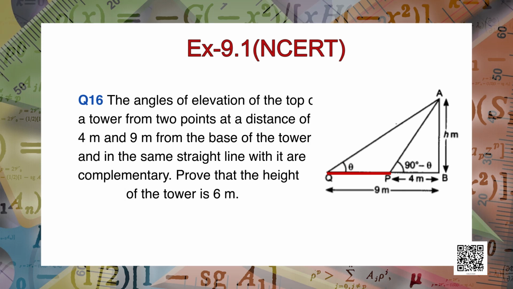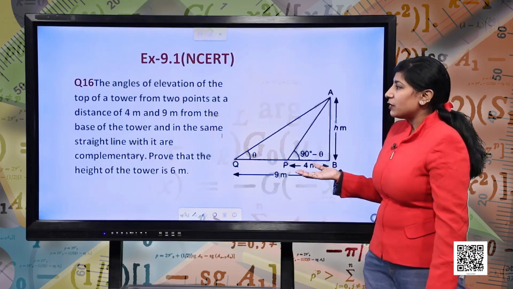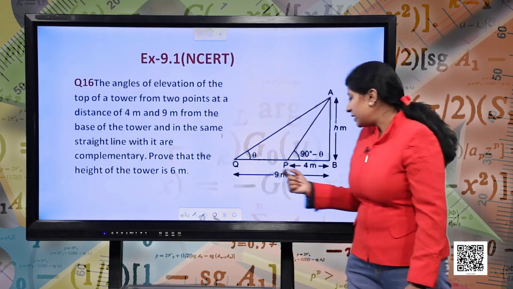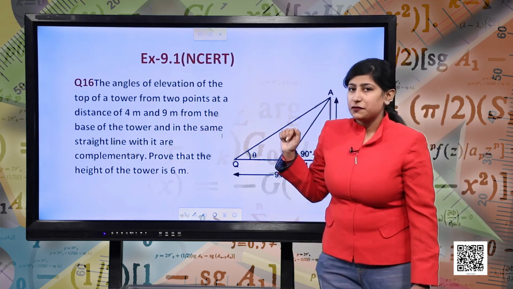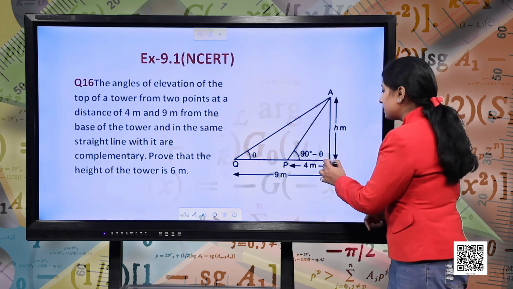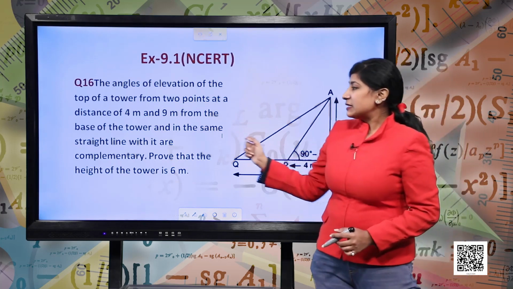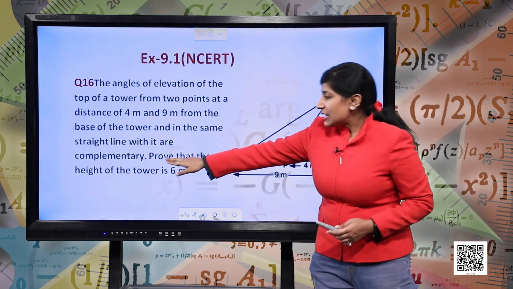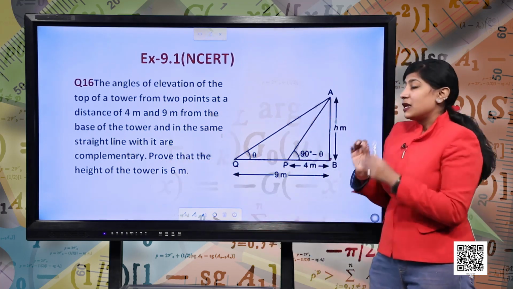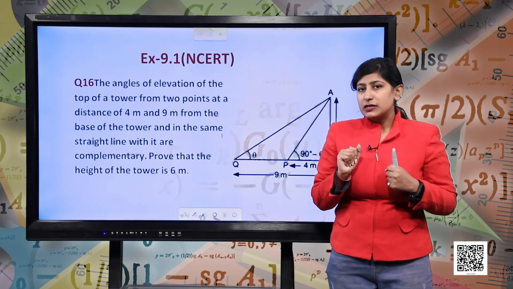See, these P and Q are the points on the ground which are at a distance of 4 meter and 9 meter from the base of the tower. And base of the tower is this B point, okay? And they are in the same straight line, which means this ground. These angles are complementary. See, do you know what are complementary angles?